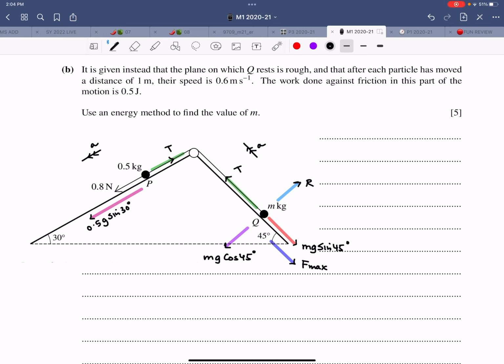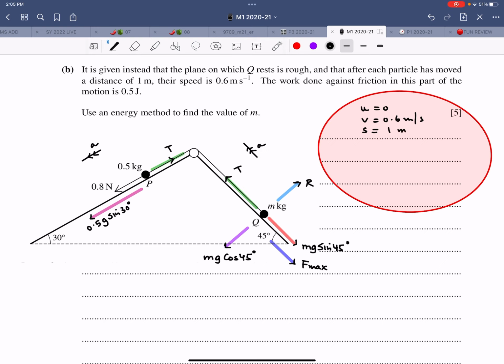The speed is 0.6 meter per second. Okay, now first thing, there's some information given. So first of all, I can apply kinematics. I can say u is equal to 0, v is equal to 0.6, distance is 1 meter.